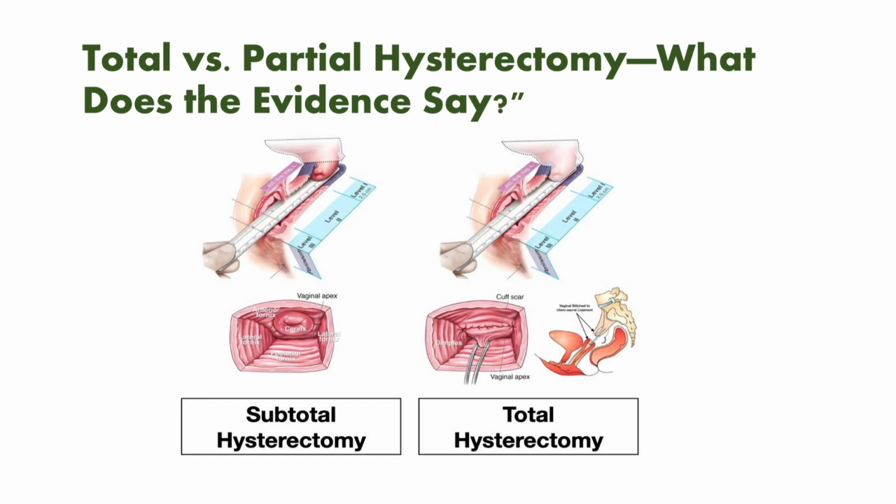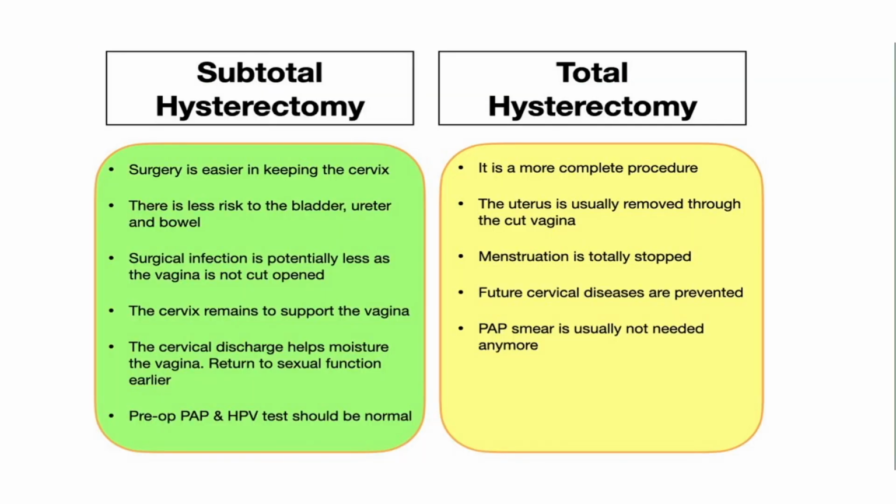Based on the available literature and medical evidence, it appears that supracervical hysterectomy can be an alternative to total laparoscopic hysterectomy. It offers a lower incidence of bladder injury, especially in cases with previous caesarean sections, and allows for earlier resumption of sexual activity.